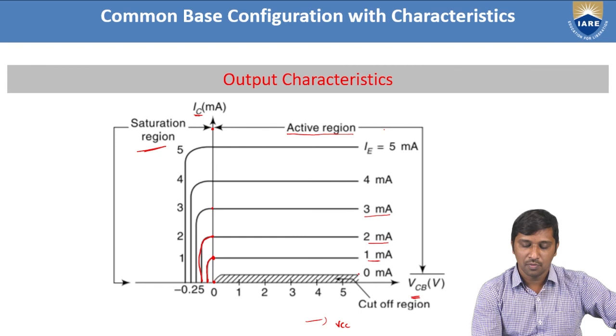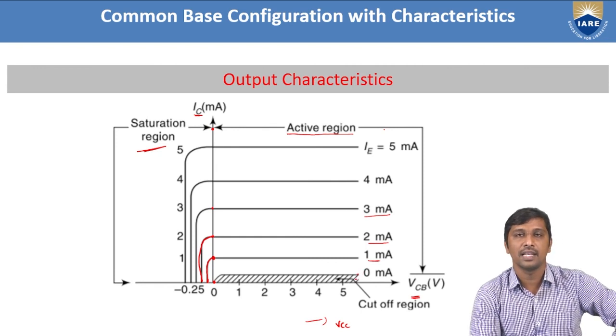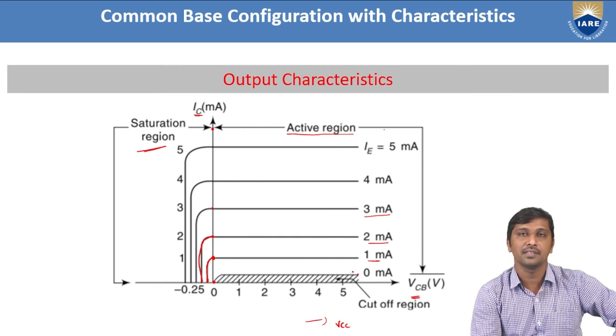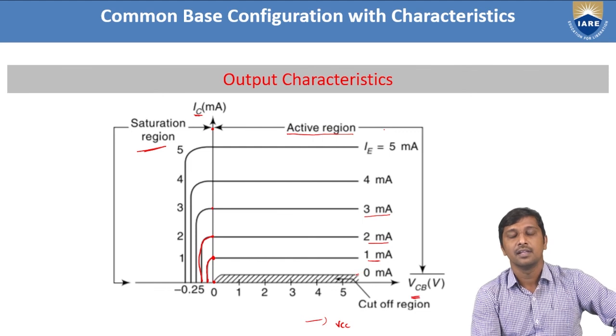Now you can observe here, when IE is 0 or less than 0, meaning the input current is 0, the input junction is operated in reverse bias, and there is no flow of current across that junction. Here we are taking the current flowing across the emitter terminal as 0 or less than 0, which means the emitter base junction acts as reverse biased. If the emitter base junction is reverse biased, there is no flow of charge across the emitter terminal.